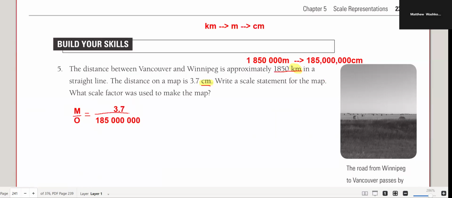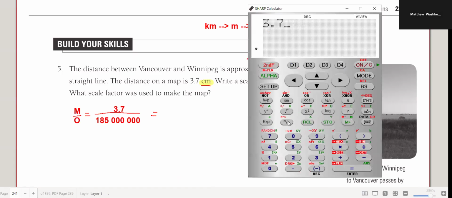But this is the scale factor. Now, I do want to simplify this as far as I can. Okay, model to original. So just like before, 3.7, your calculator can do that for you.